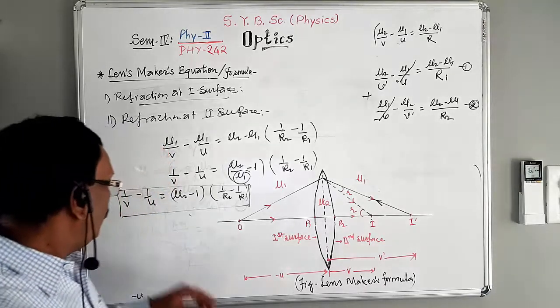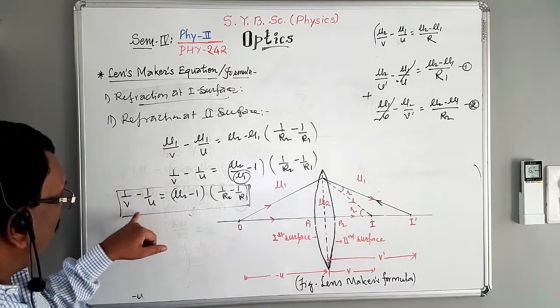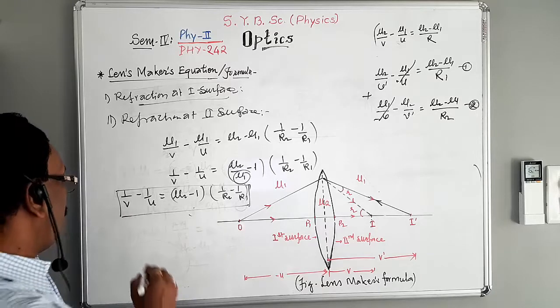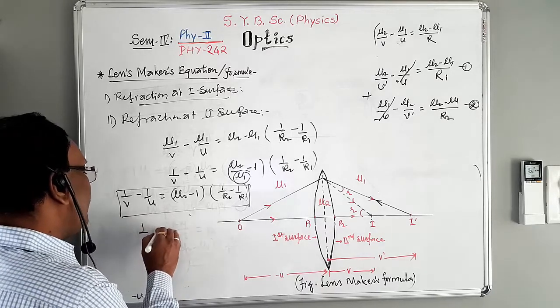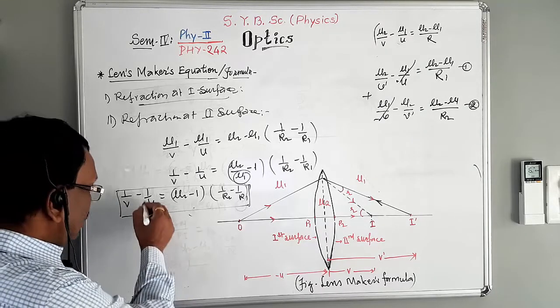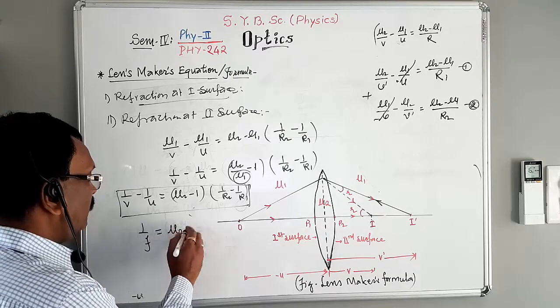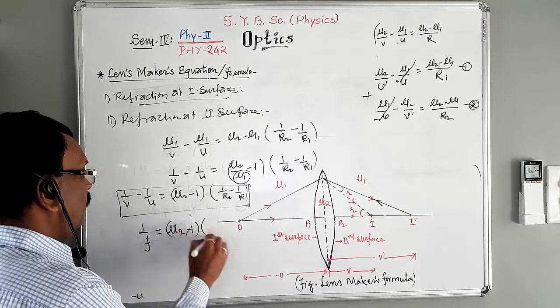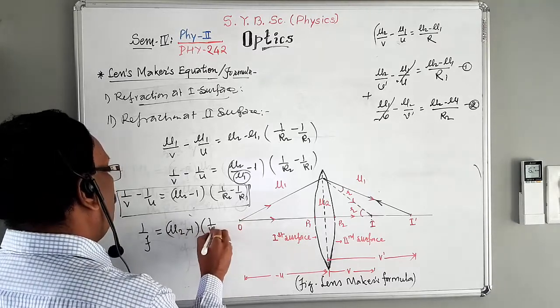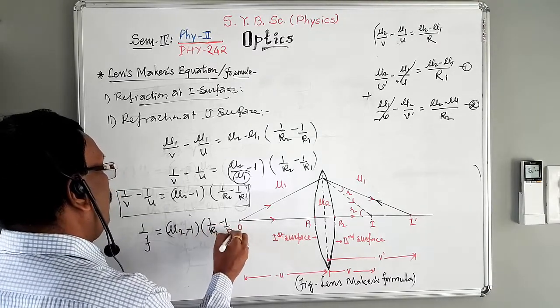Now we know that 1 upon v minus 1 upon u is equal to 1 upon f. This is the lens formula. So instead of this we can write 1 upon f is equal to mu2 minus 1 times 1 upon R2 minus 1 upon R1.